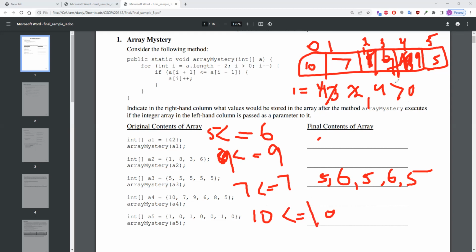A of I, which is 1, which is 7, plus plus, it's now 8. And I minus minus, I is now 0. Is 0 greater than 0? No, stop the loop. And the final content of your array will be, let me remove this last statement, 10, 8, 10, 7, 9, and 5 for A4.